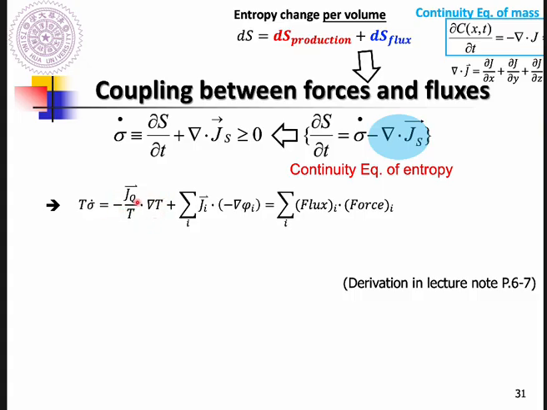Actually, this is J capital Q, right? Plus the summation term, where i can be 1, 2, 3, 4, 5: the flux J_i times the negative potential gradient. If you have different kinds of potential, you just sum them together.